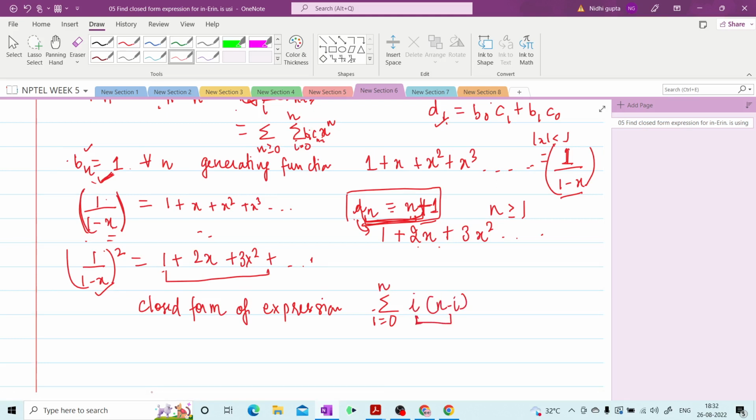What I am trying to do is find, using generating functions, a suitable power series whose nth coefficient will be this. So we are looking for a generating function Hn such that Hn is our required number.